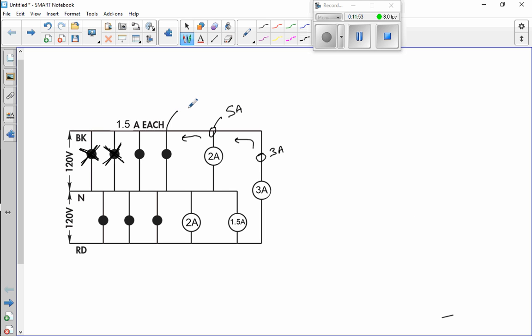Add one more, or an amp and a half onto that, so it's going to be 6.5 amps. And then we get this lamp right here. One more amp and a half added onto it, so that's going to be 8 amps. We have no more current flow here because these 2 lamps are opened up, so our black is done at 8 amps.